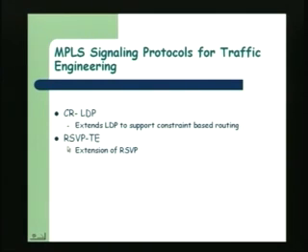Another approach was the extensions of RSVP-TE, that is, extensions of the resource reservation signaling protocol for traffic engineering purposes. There was, of course, a lot of debate whether CR-LDP is better or RSVP-TE is better.